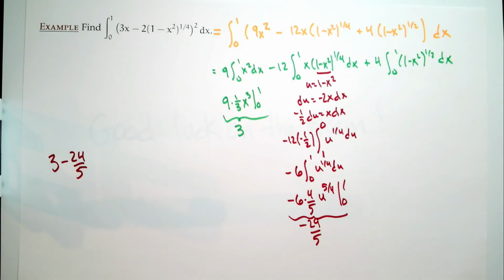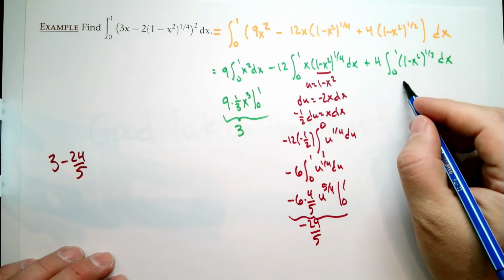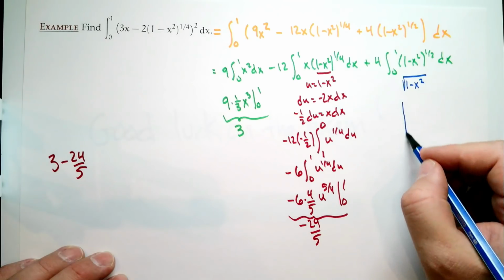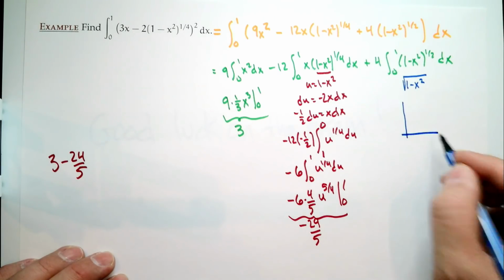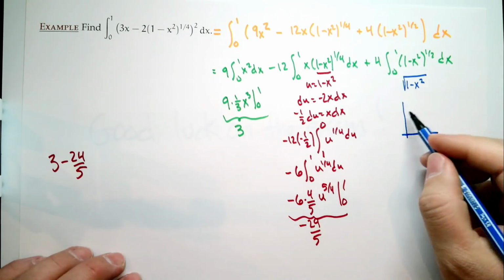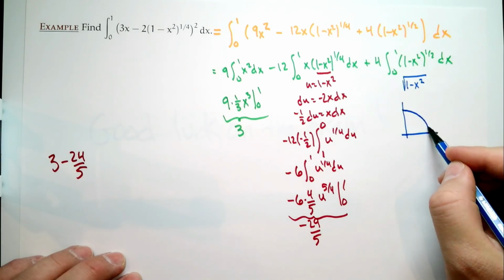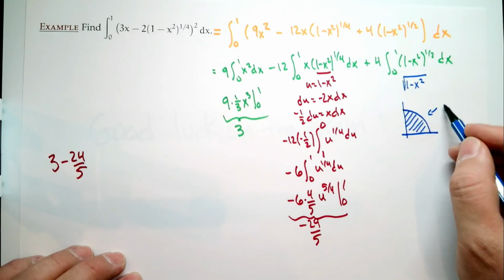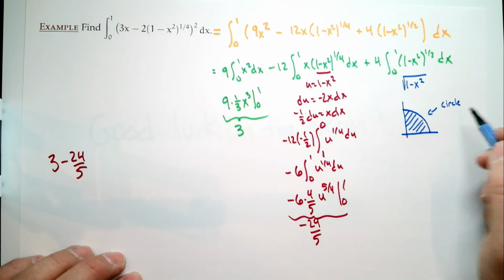But you should recognize what this is. 1 minus x squared to the 1/2, square root of 1 minus x squared, things have meaning. Think of the geometry. What does the square root of 1 minus x squared look like? It starts at 1, goes down, and it is, in fact, a circle. Well, it's not a whole circle, really.